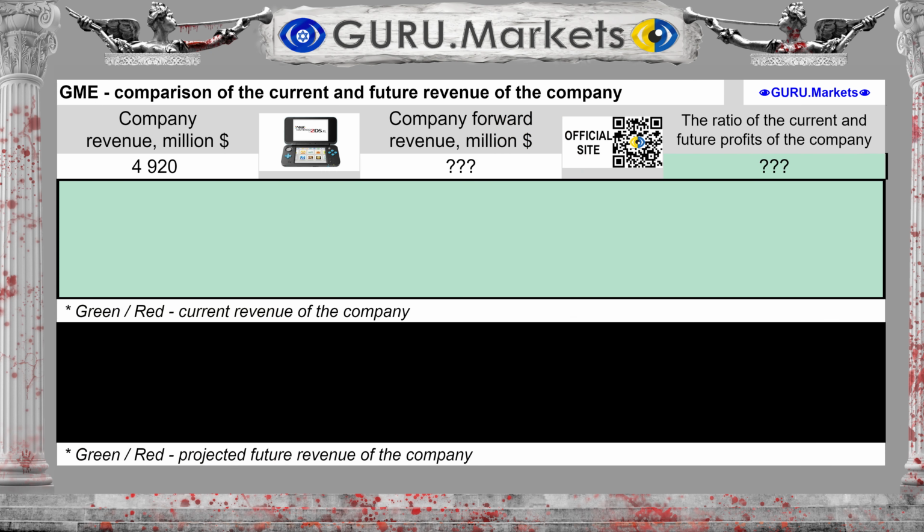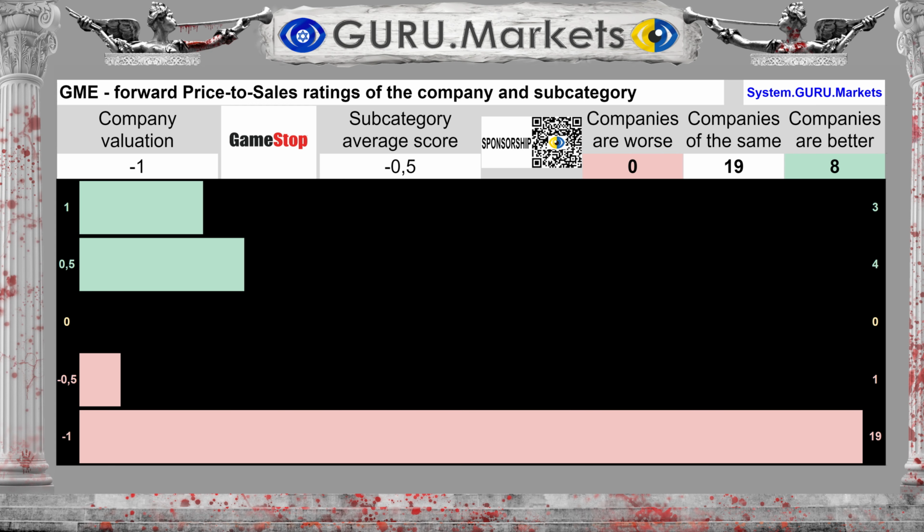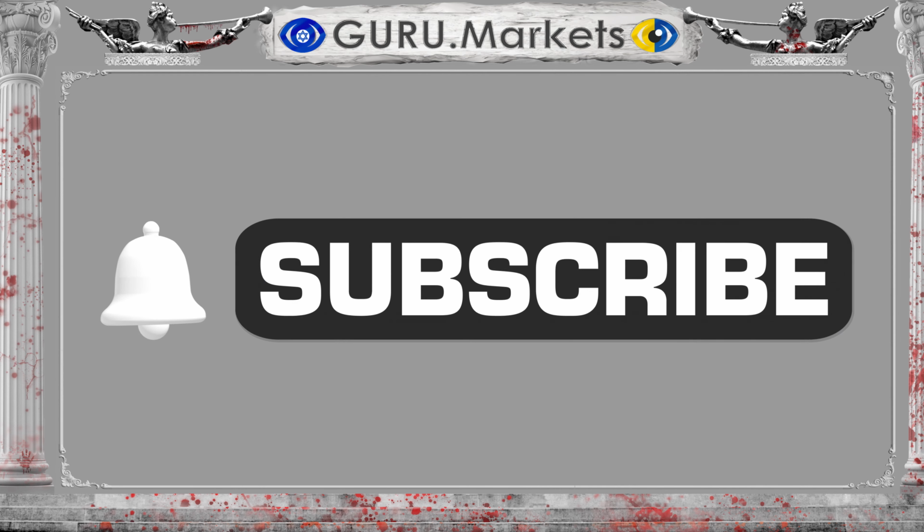Revenue for the last 12 months was $4,920 million. Future revenue for the next 12 months is unknown, which is bad for the company's price. An assessment of the estimated future revenue indicator in comparison with indicators in the subcategory: Bad, -1 point.